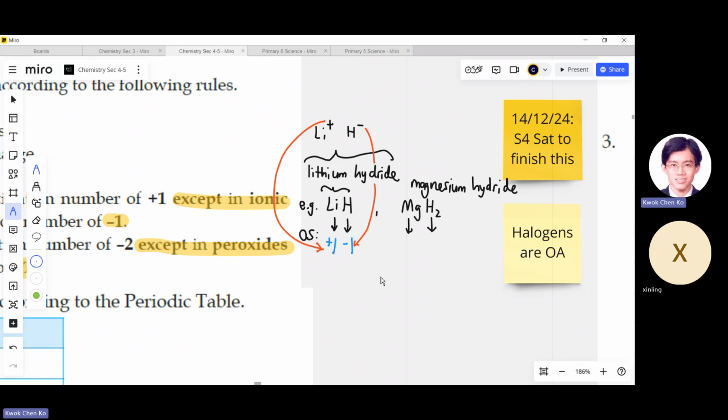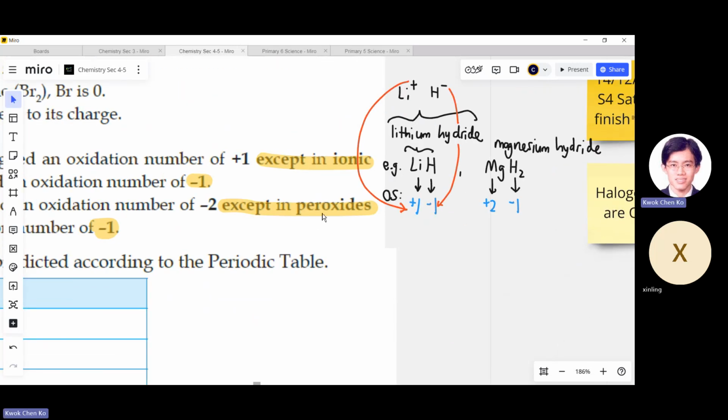Magnesium, OS? Yes, good. It's in group 2. Now, since this is hydride -1, please don't go and account for the 2 here. Please do not times 2. It's still -1.